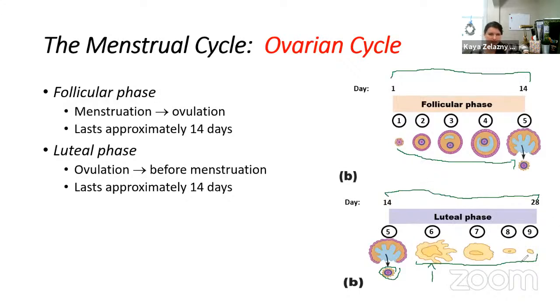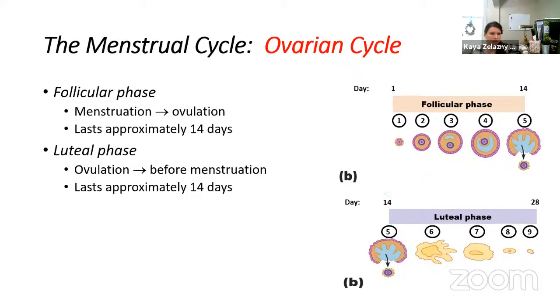So in these pictures, it kind of just looks like a fat blob, but it's actually really important. Each of these phases lasts approximately 14 days, but there's plenty of variation there. It's easiest to think of this as an approximately 28-day cycle, about 2 weeks in each phase.